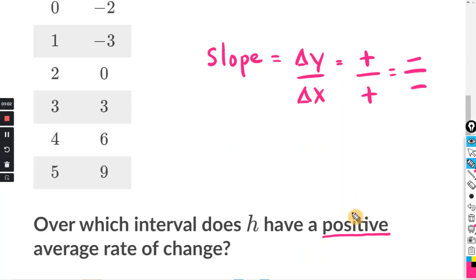Because to have a positive slope, you have to have a positive change in Y divided by a positive change in X, or a negative divided by a negative.